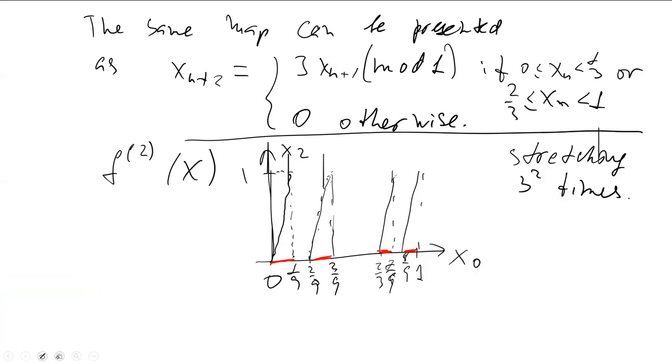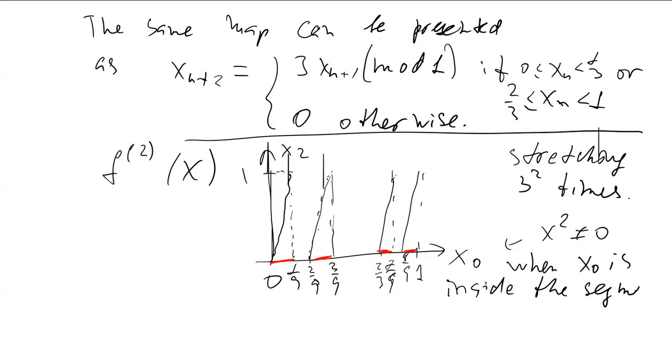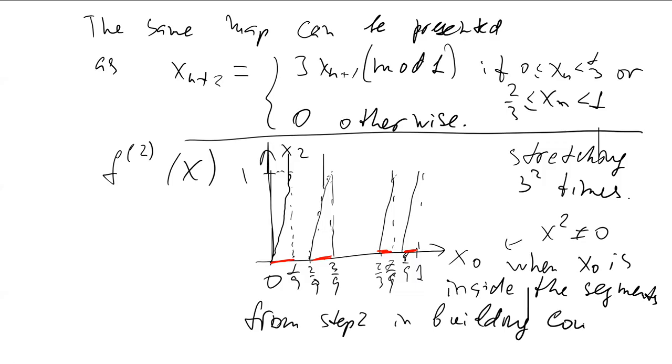And this is exactly the segments from step 2 in building the Cantor set. x_2 is non-zero when x_0 is inside the segments.